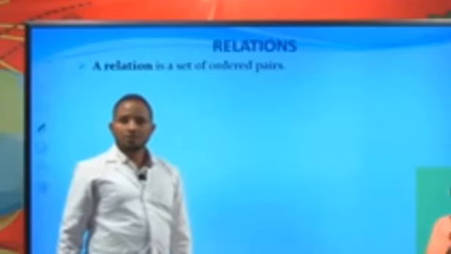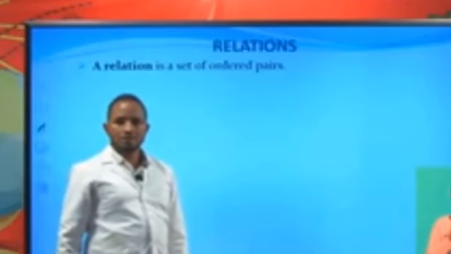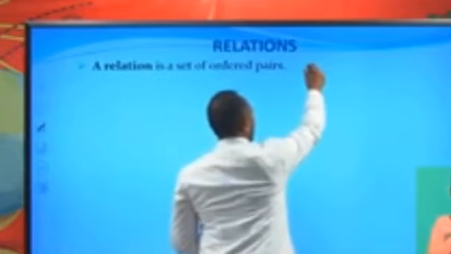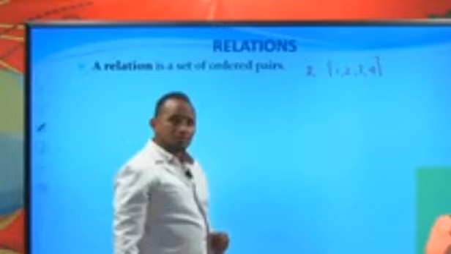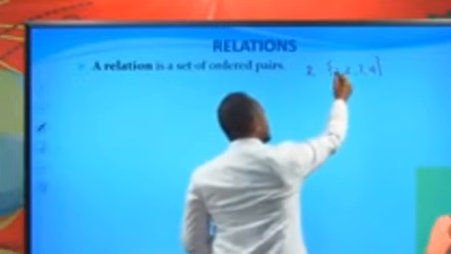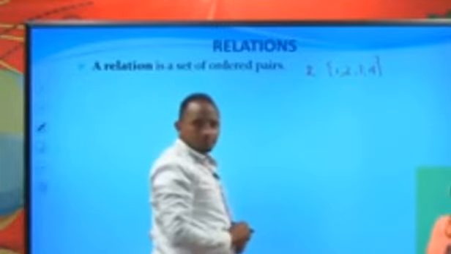Relation is a set of ordered pairs. What does this mean? Look at this one. If you have 1, 2, 3, 4, it's a set, but it is not a set of ordered pairs. It is a set of single numbers.